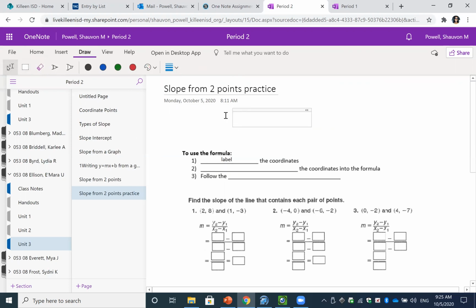After you label your coordinates, you're going to plug the coordinates into the formula. And after you plug the coordinates into the formula, you're going to follow the operations, which for us is just putting it in a calculator. But if you were doing it by hand, then you will follow your operations with your addition and subtraction.